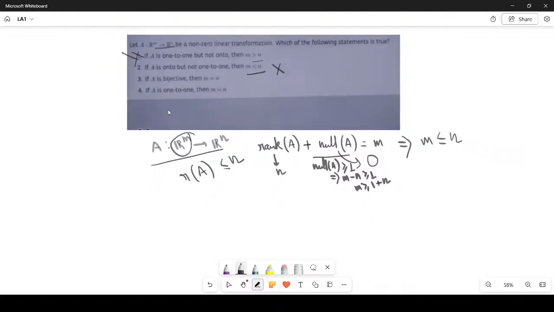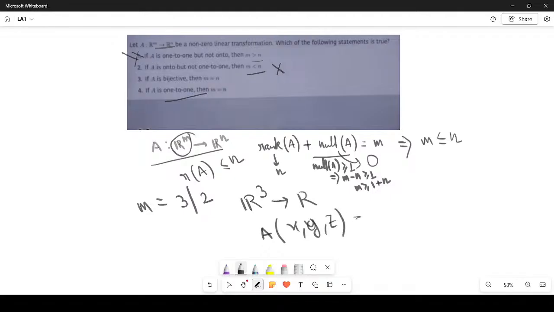Now we go to the last option. Here it is saying that if A is 1-1, then m is equal to n. Is this necessary? Suppose m is something like 3 and n is 1: a linear transformation from R3 to R, given by A of (x, y, z) equal to x.